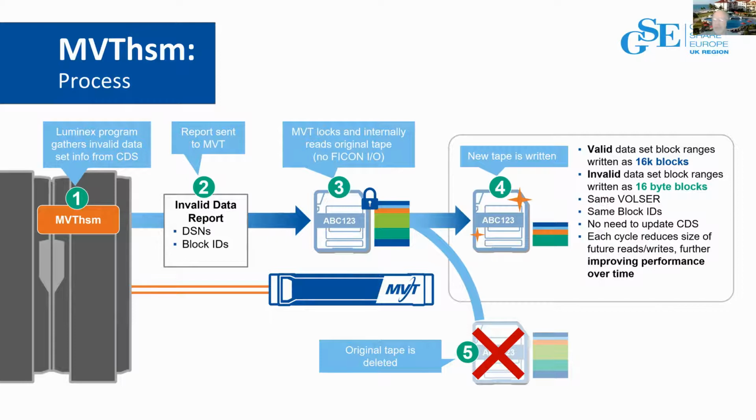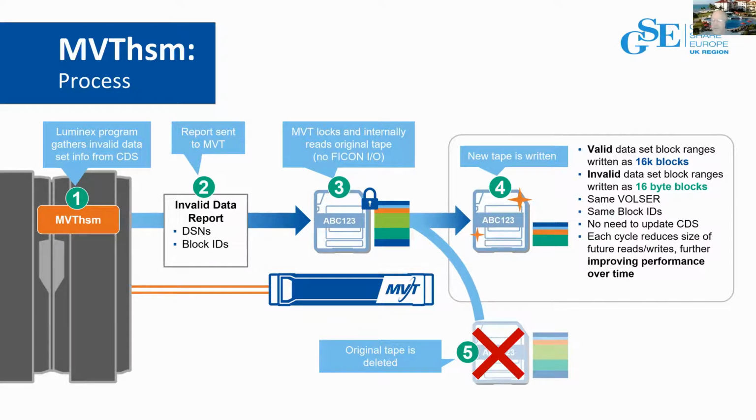So the block ID stays the same, but we took all the gas out of it. So we took all that extra free space that was holding invalid data, and we just replace it with a marker. Now, if it's still a valid block because a valid data set is contained within it, then we just copy that over. So it's only the invalid data set blocks that we're shrinking.